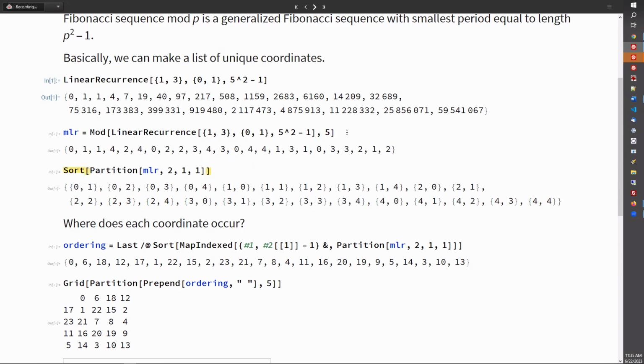If we don't sort these, we get this 01, 11, 14, and so on. So where does each of these coordinates occur in a 5x5 grid?